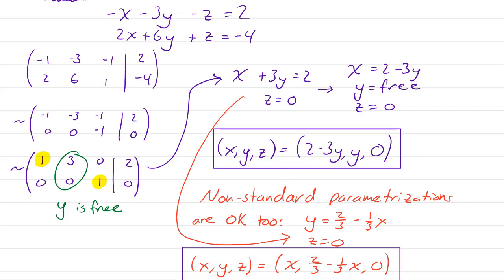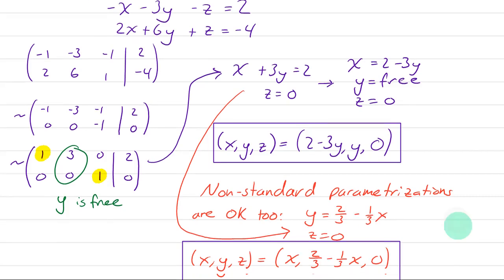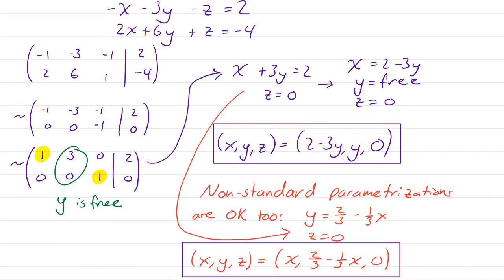And I wanted to point out here that you could also use other parametrizations as well, meaning we solve this for x in terms of y, but there's no reason why we couldn't have just solved it for y in terms of x as well. And you can tell, hopefully, that this equation here and this equation here are actually describing the same line. I just solved it for y instead.